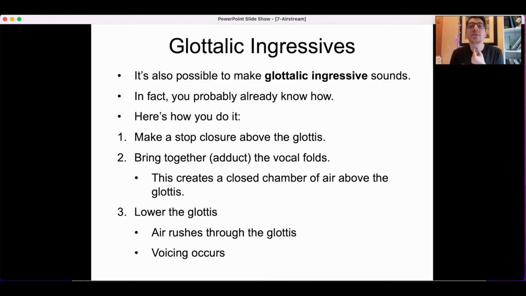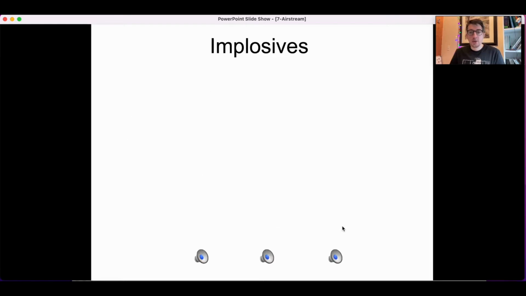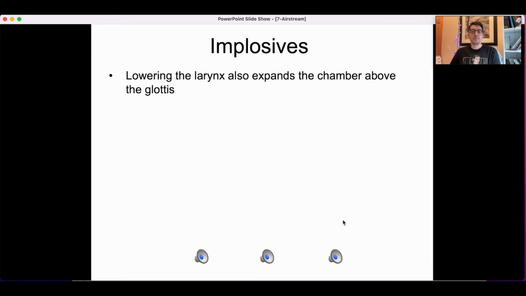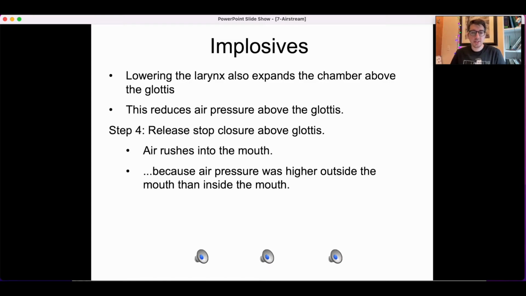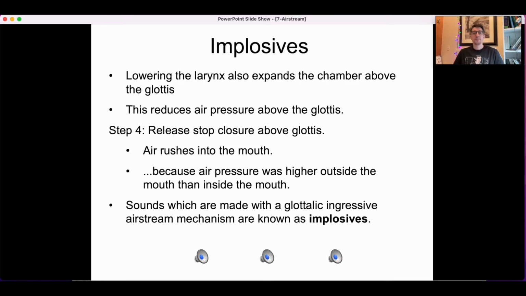And as you can see, I'm lowering the glottis. B, b, g, g, right? So you can clearly see it and feel it if you press the larynx with your two fingers. All right, so these sounds are known as implosives. Lowering the larynx, as we said, also expands the chamber above the glottis.